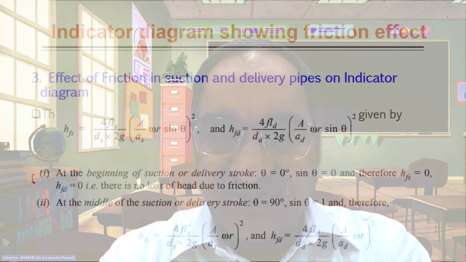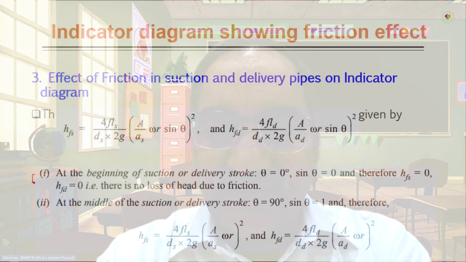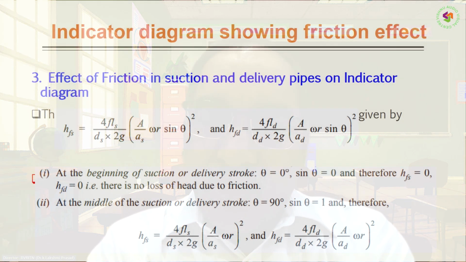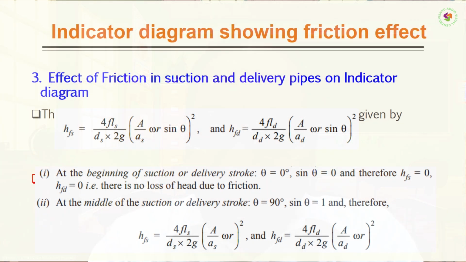Now, the effect of friction loss on the pressure in suction pipe and delivery pipe. You all know that the friction loss is calculated using the Darcy-Weisbach equation, hf is equal to f l v squared by 2 g d.